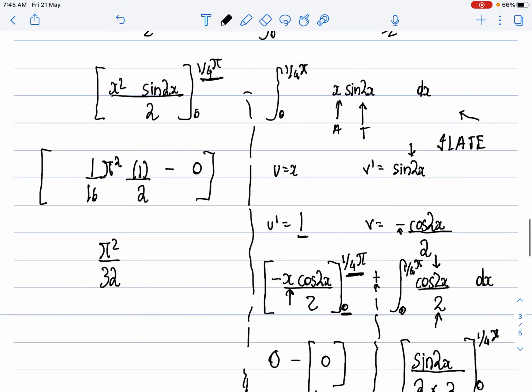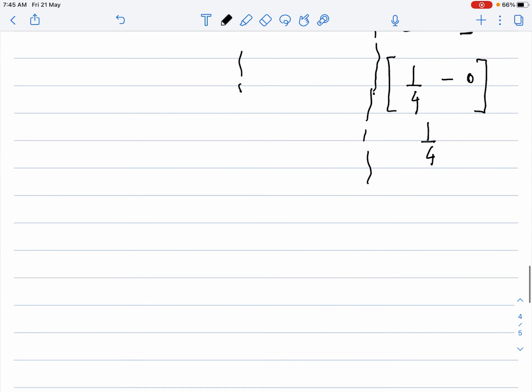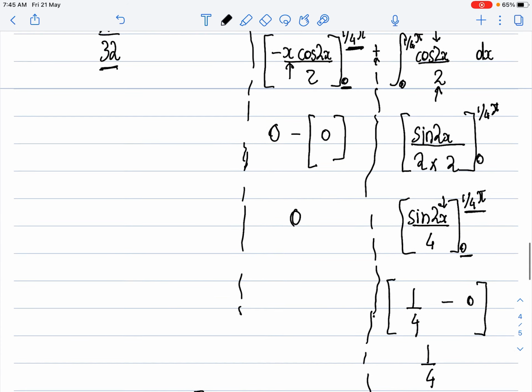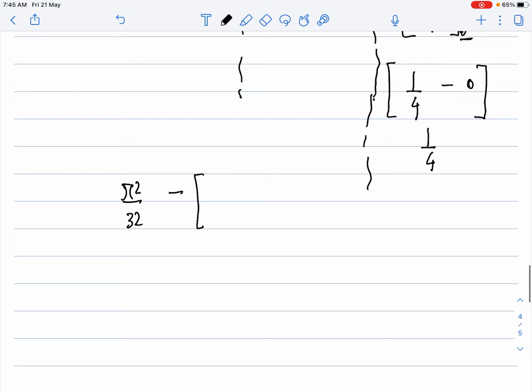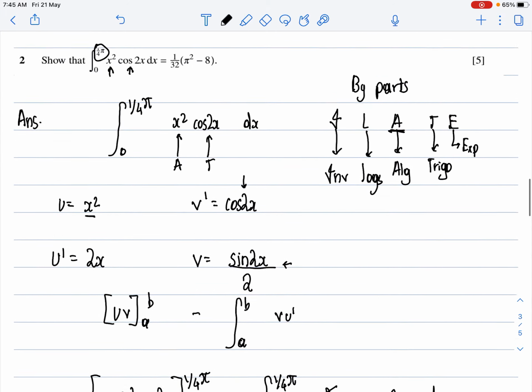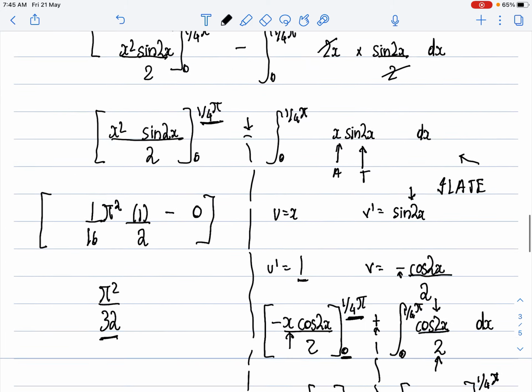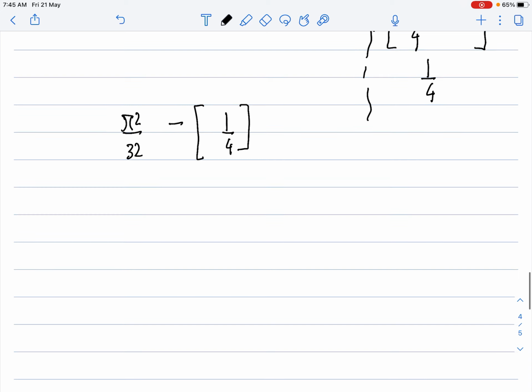Now, putting everything together, I have a pi square here. It's pi square over 32 minus, because of the minus here, minus 1 over 4. So now what do I need to show? I need to show 1 over 32 pi square minus 8. So I can take 1 over 32 common.